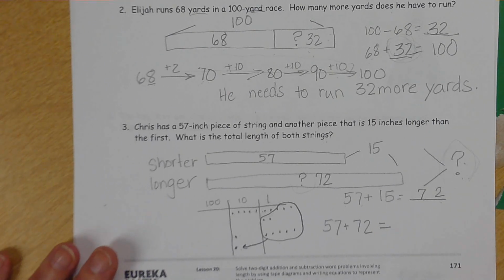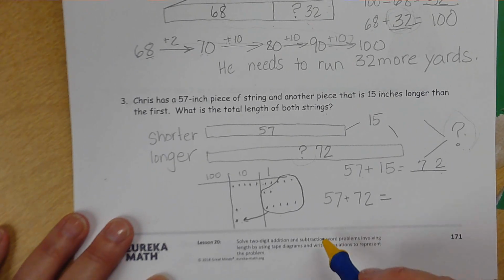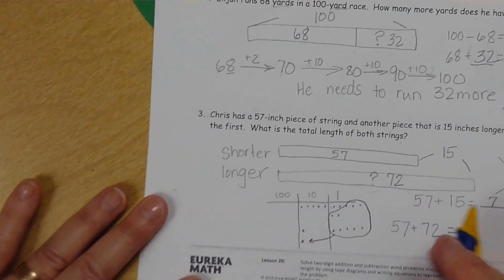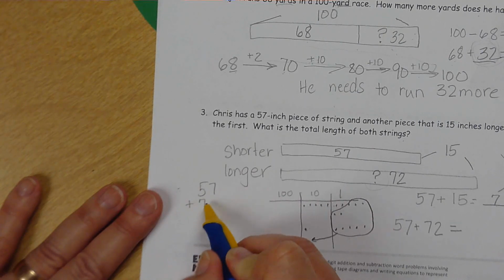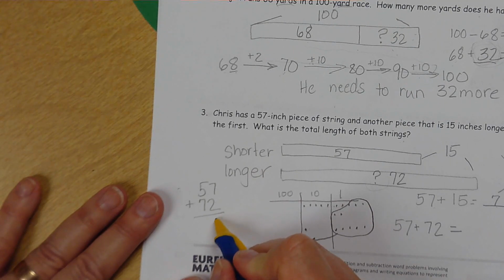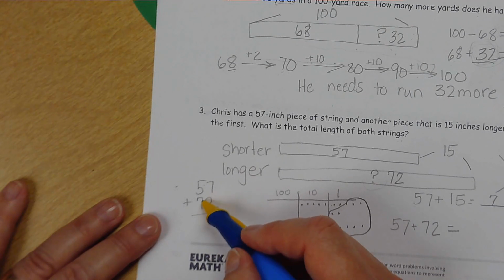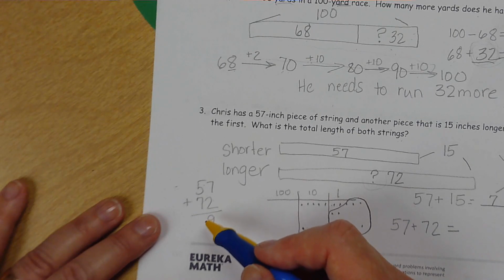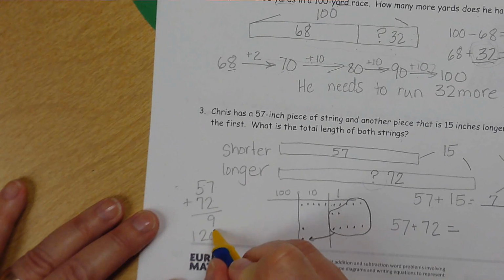So again, I can use a chip model. I could do the arrow way. I could do totals below. Lots of different ways to add. I'm going to do totals below. So 57 plus 72. 7 plus 2 is 9. 5 tens or 50 and 7 tens or 70 is 12 tens, which is 120.